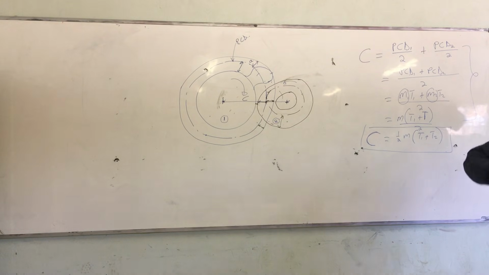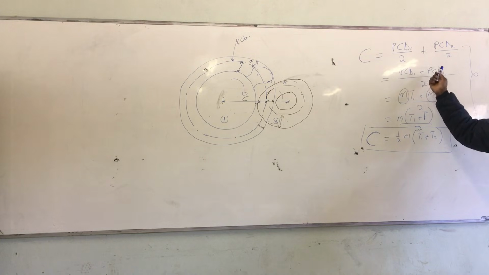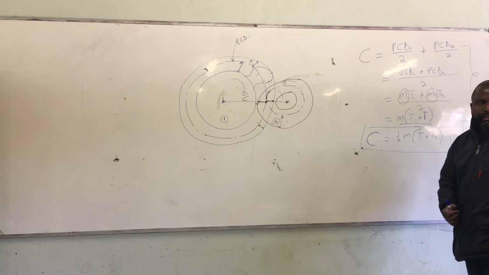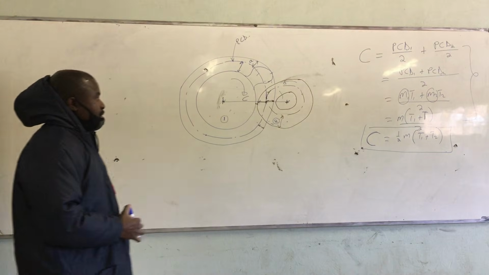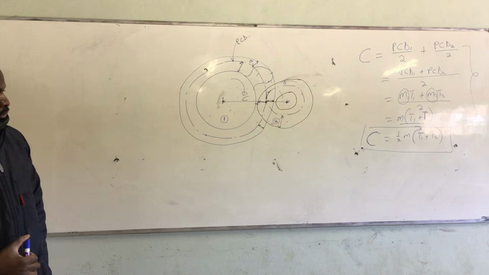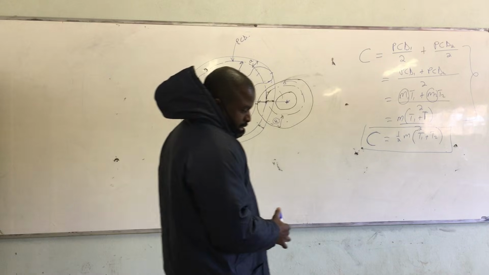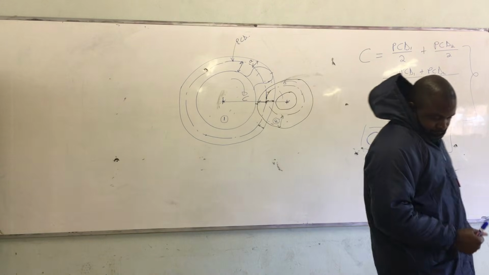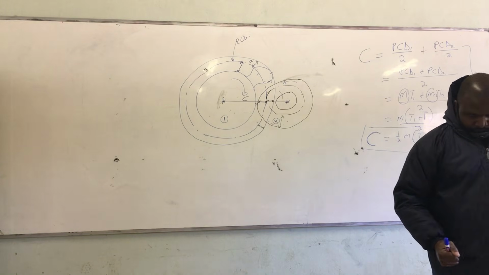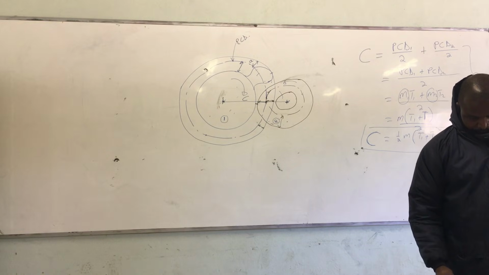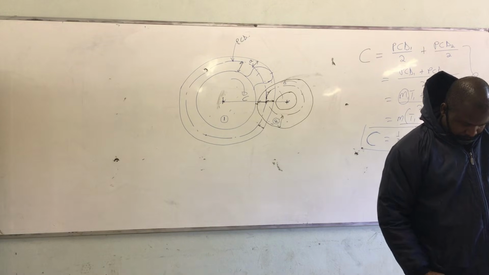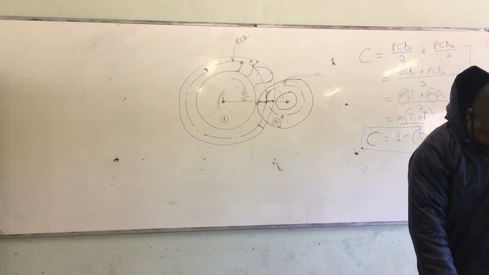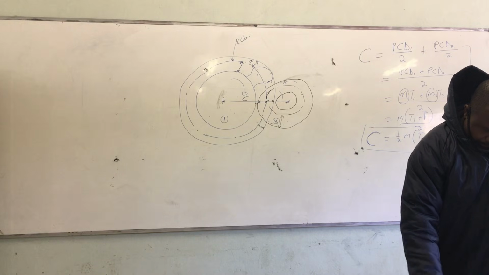For instance, if you have the diameters, to get the center distance you can just add the two and divide by 2. Any question? No question.